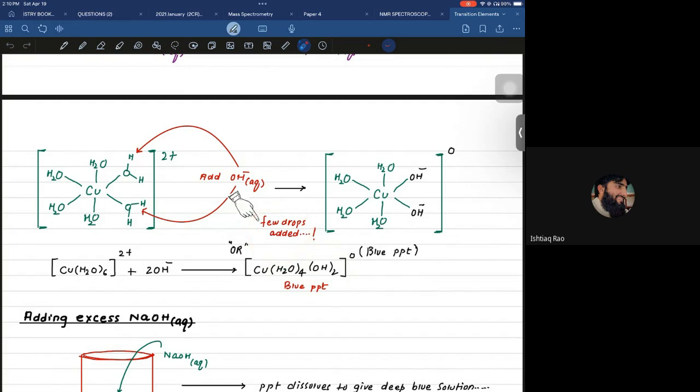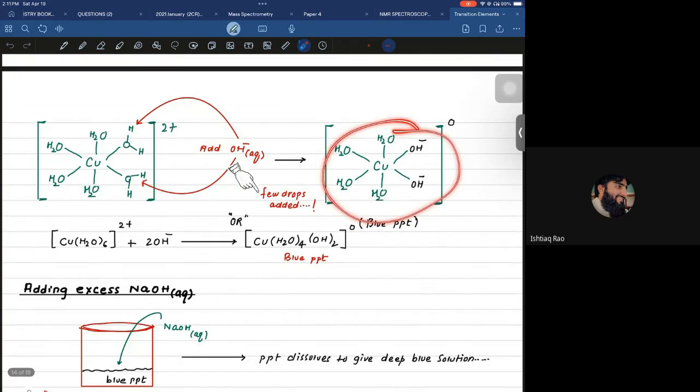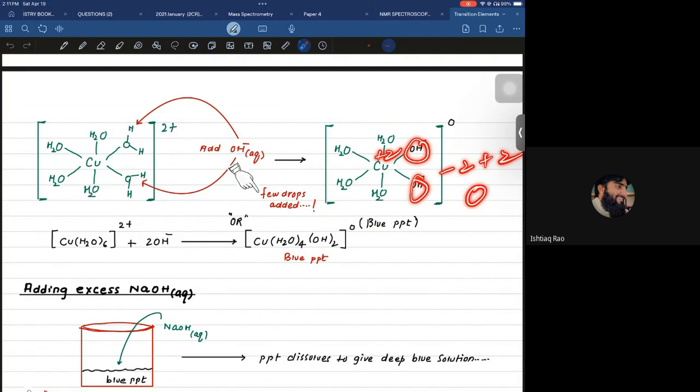That's why. Okay. So what's the charge on this complex? You will say 0. Why? Because copper is +2 and OH is -1 and -1. So -2 and +2 overall is 0. That's why there is no charge. Whenever you see there is no charge on any complex, you can say that this would be a PPT, not an aqueous solution. This is the hint for you.